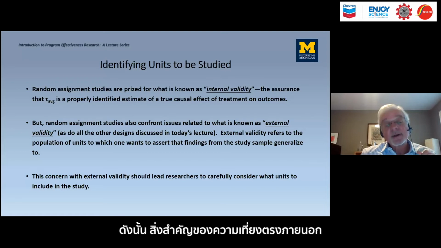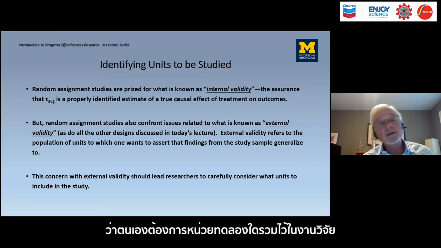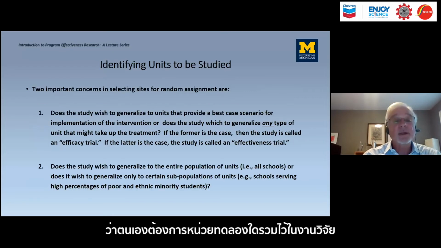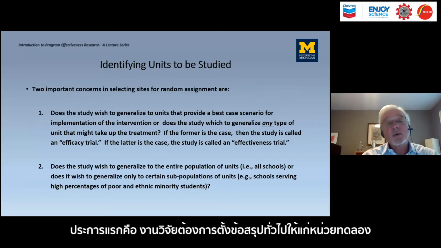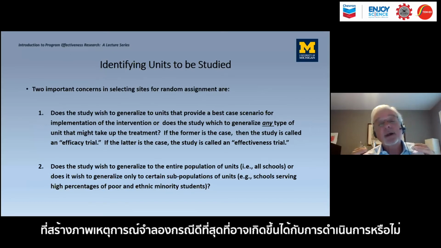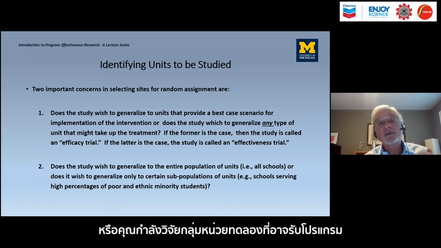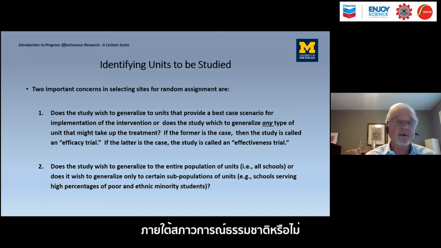And so the concern with external validity should lead researchers to carefully consider what units they want to include in their study. There are two important concerns when you select sites for random assignment. One is, does the study want to generalize to units that provide a best case scenario for implementation? Or are you studying a set of units that might take up the treatment under natural circumstances?